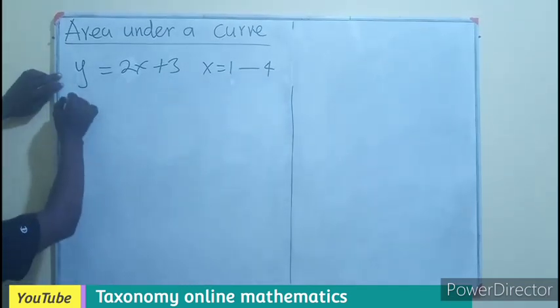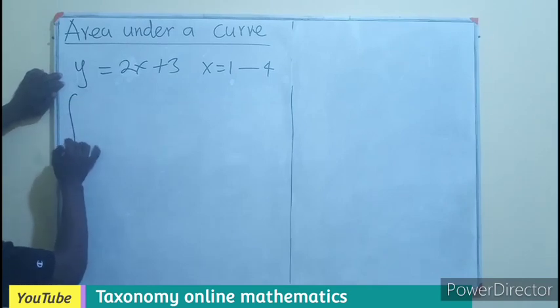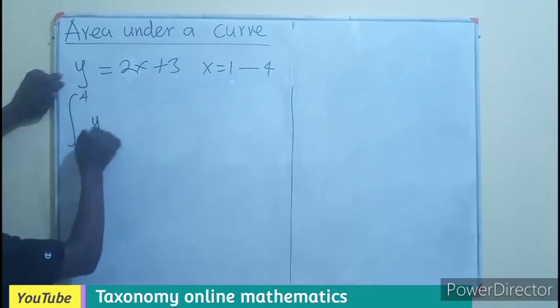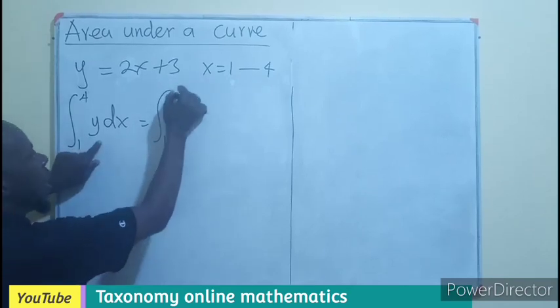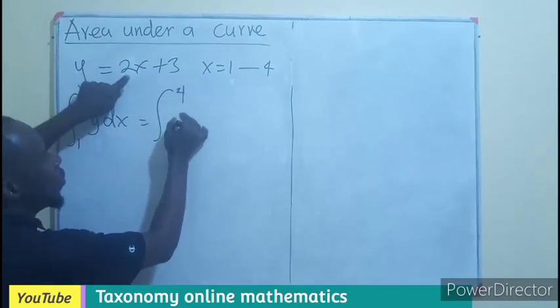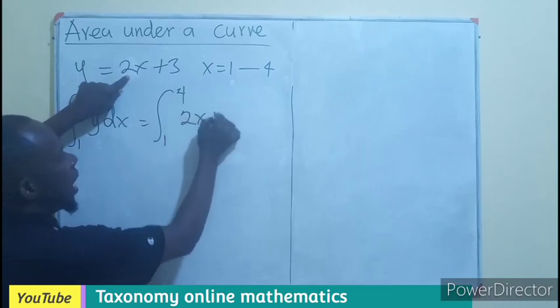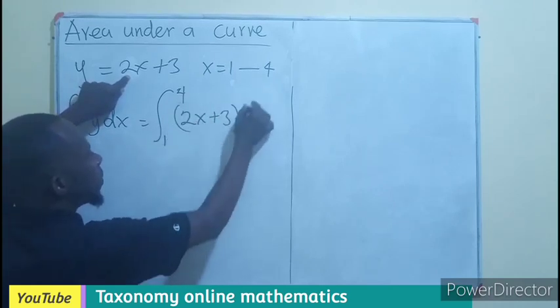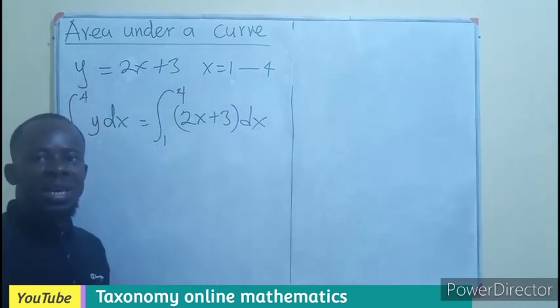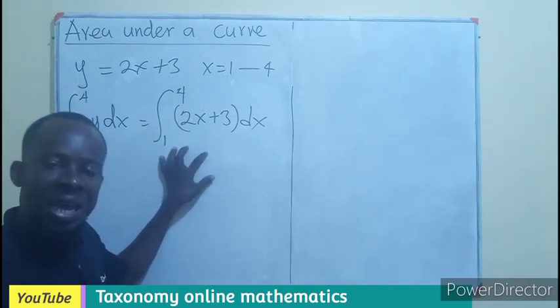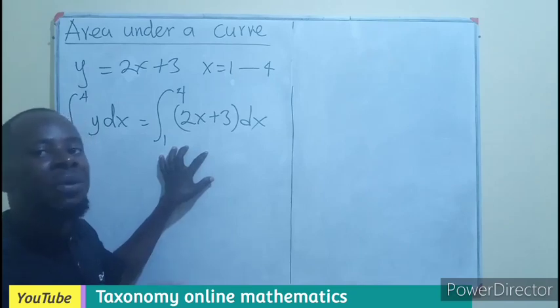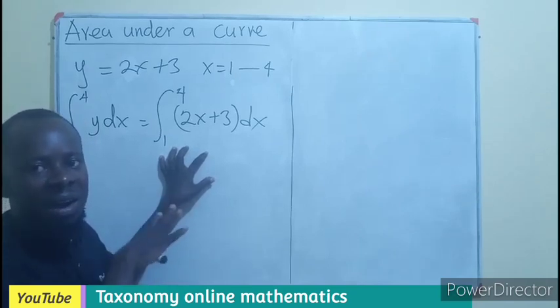So that simply means the integral from 1 to 4 of y dx. Similarly, from 1 to 4, y is 2x plus 3 dx. If I'm able to find the definite integral of this, then I am also finding the area that is enclosed by the graph.